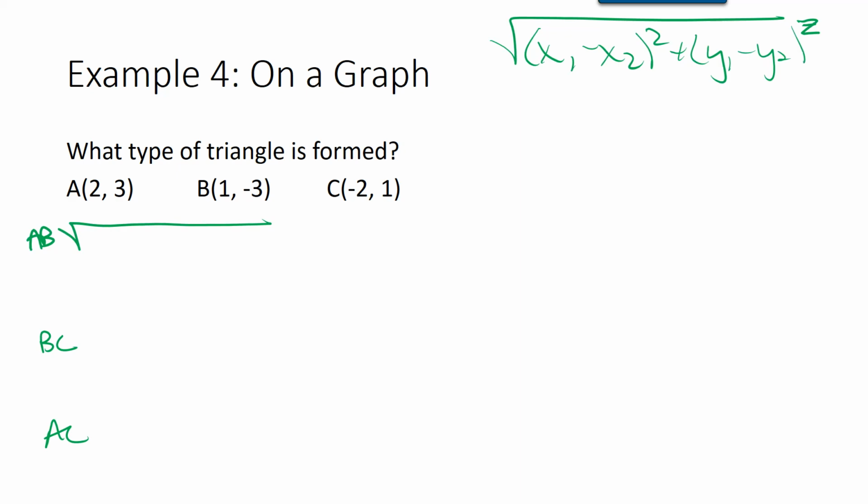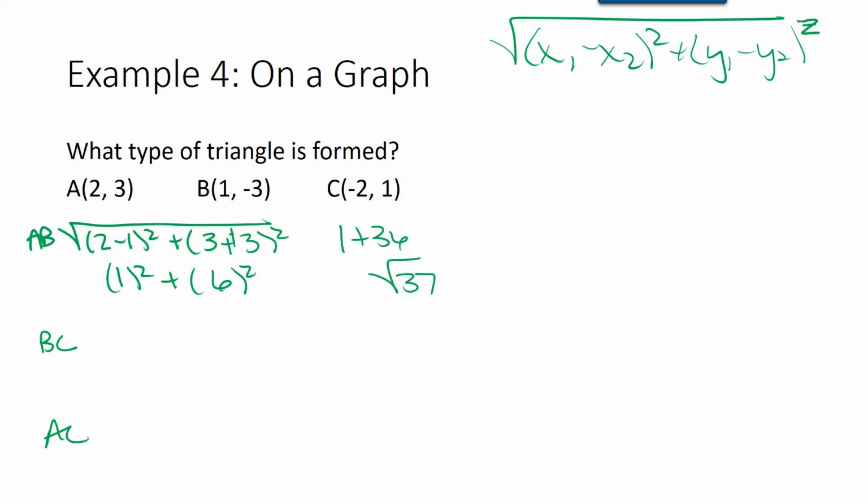So AB would be 2 minus 1 squared plus 3 minus negative 3 squared. 2 minus 1 is 1. 3 minus a negative 3, that becomes 3 plus 3, so 6 squared. 1 squared is 1, 6 squared is 36, so AB then is the square root of 37. Good.